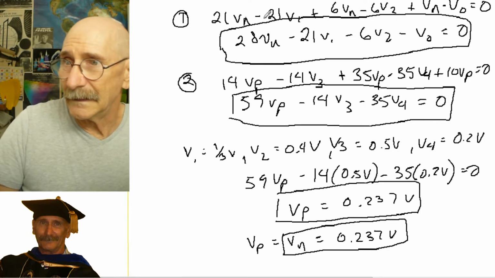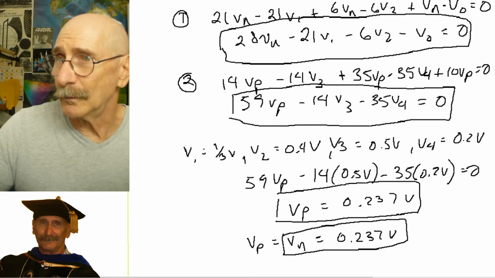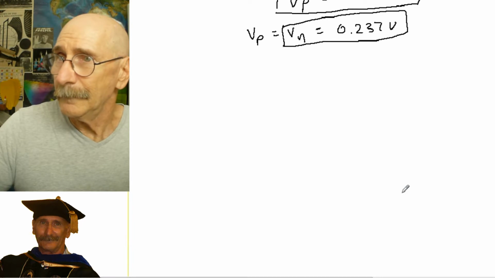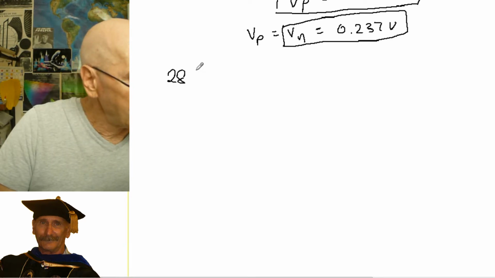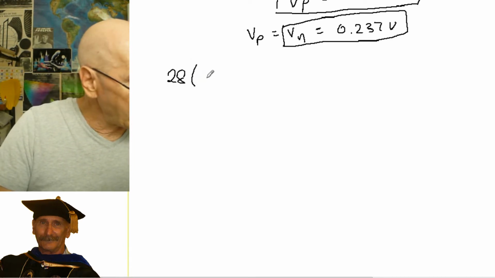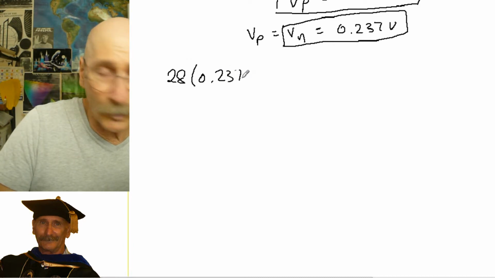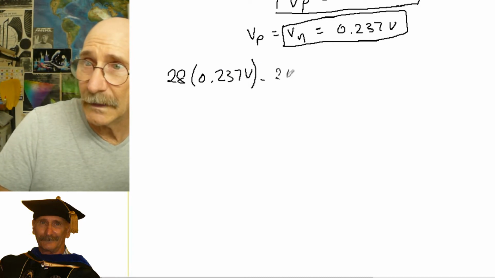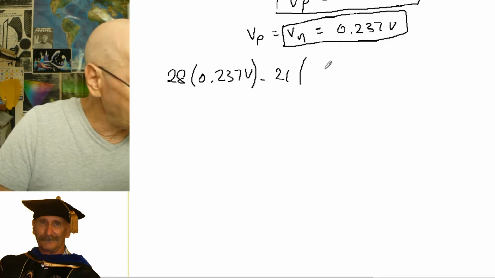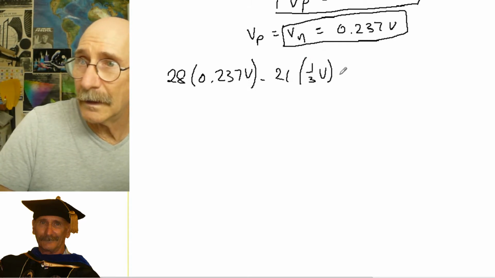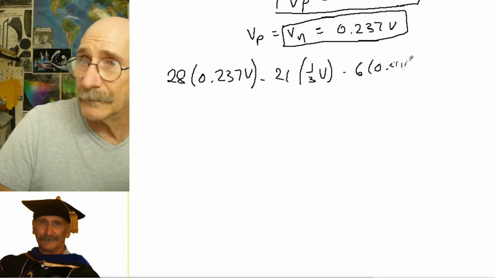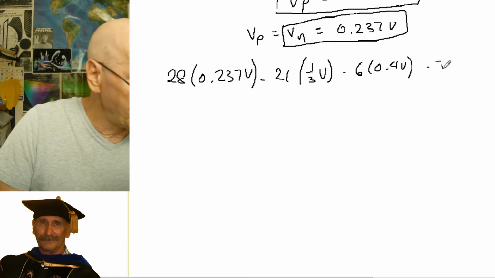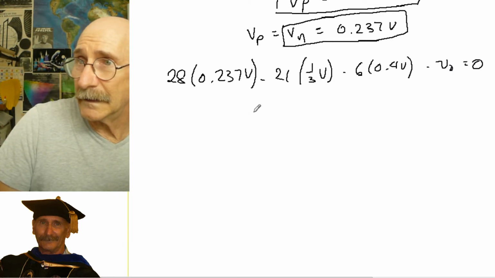We have 28 times V sub N, which is 0.237 volts, minus 21 times V1, which is 1/3 volt, minus 6 times 0.4 volts, minus V out equals to 0.